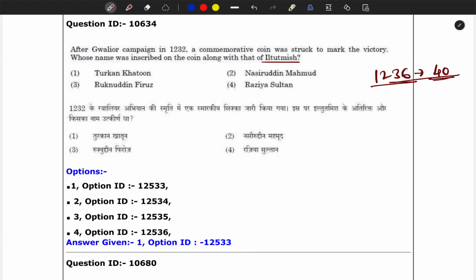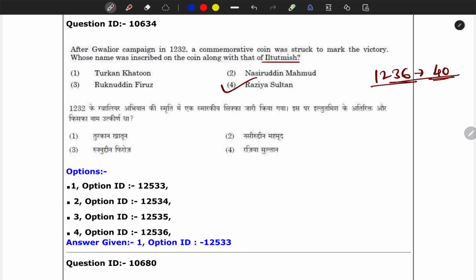Everybody knew Rajia Sultan because she was very efficient and an able warrior. She had a lot of talents, but unfortunately she fell to a conspiracy. But here if you apply the logic, the answer is Rajia Sultan.